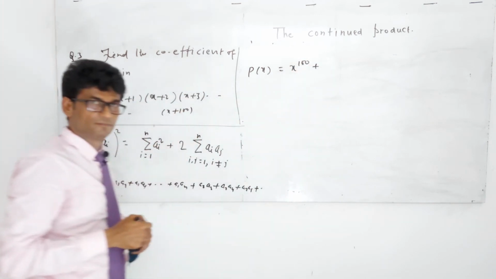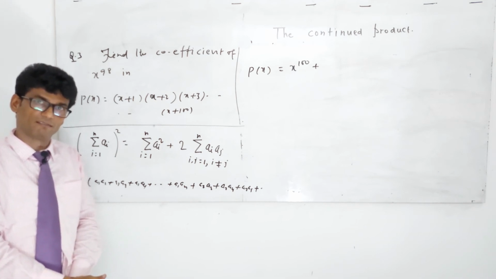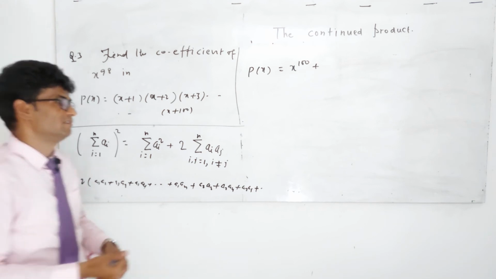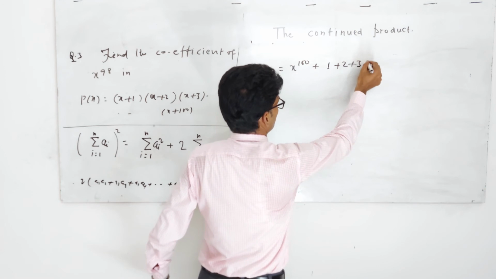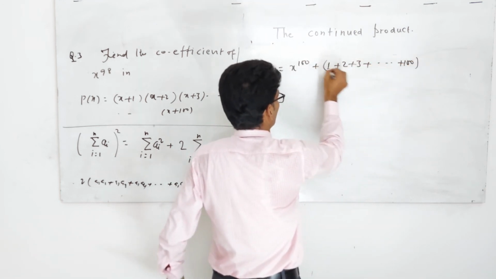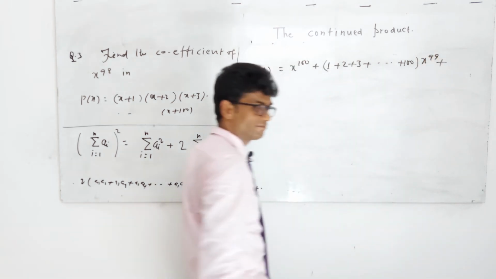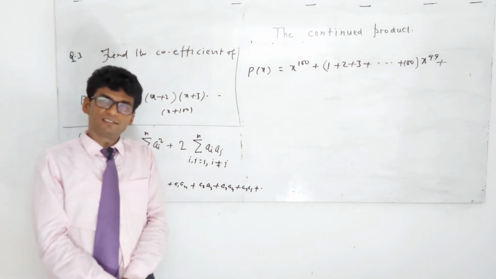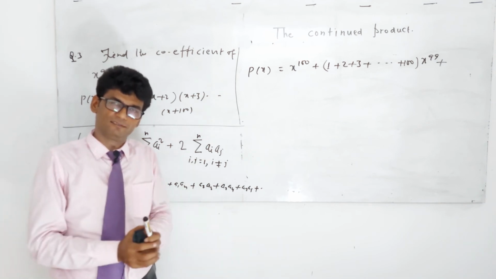and x from 99 factors and a number from the remaining one, what we have seen earlier, then it comes out to be (1 + 2 + 3 + ... + 100) x to the power of 99, plus x from 98 factors and numbers from the remaining 2, and then multiply together.